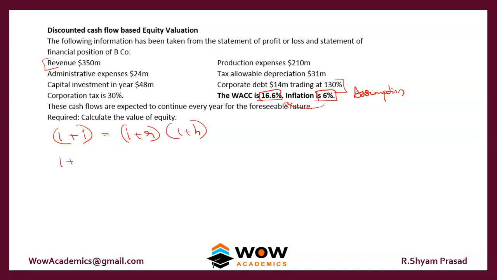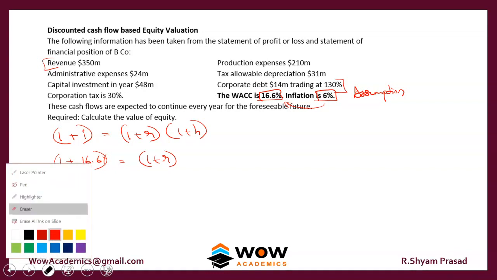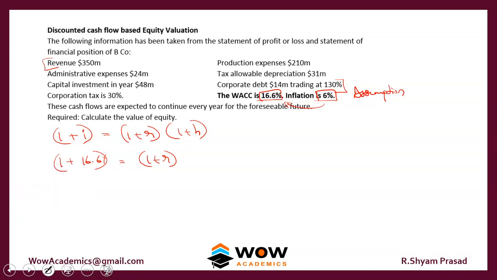Here 1 plus i is the nominal rate, so nominal is 16.6%. It equals 1 plus r, the real rate, that is what we want to find out, and 1 plus h is the inflation rate, so that we know.